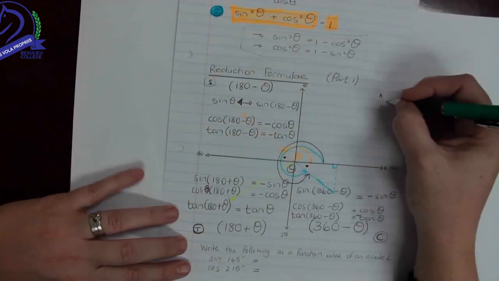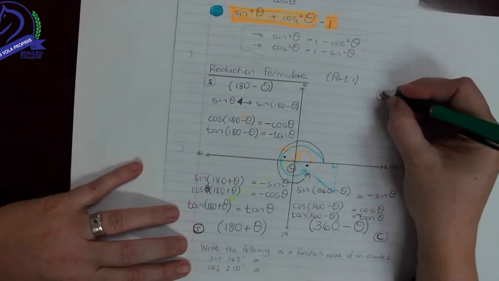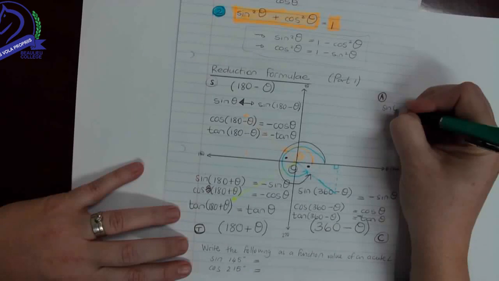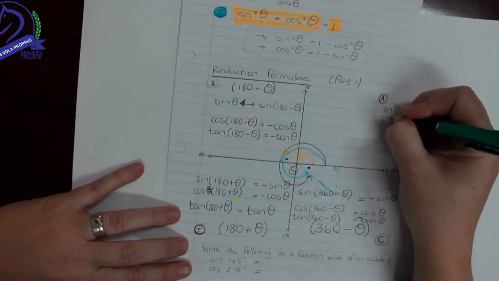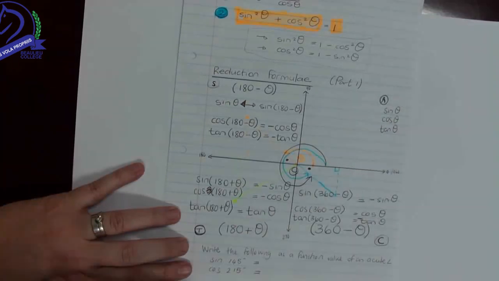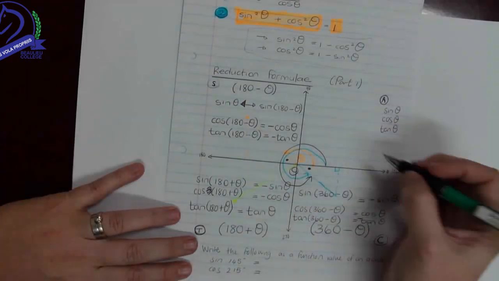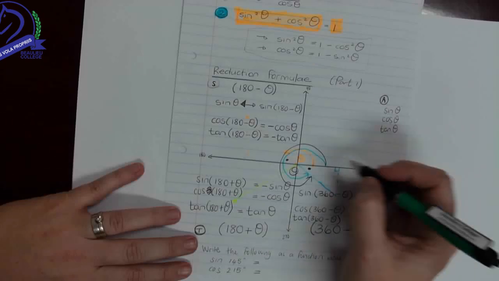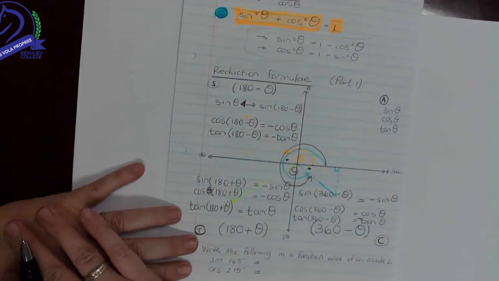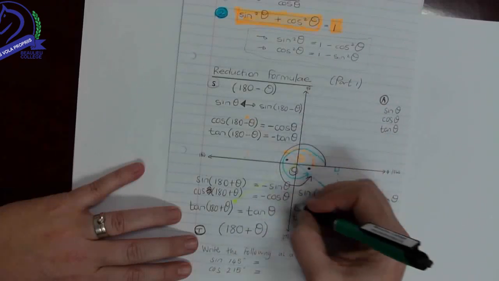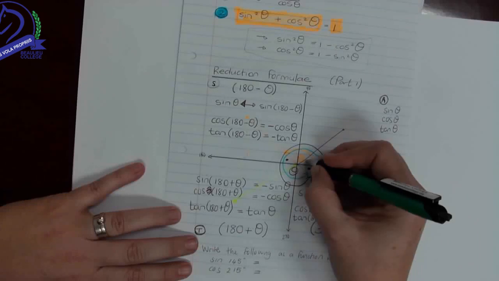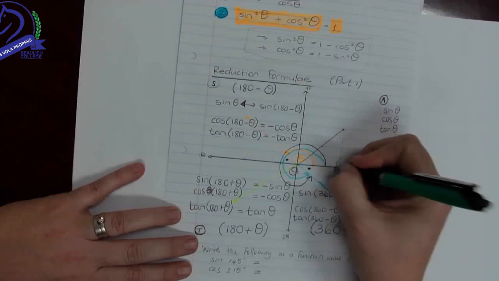Okay, so in my first quadrant, I know all my values are positive. I know sine theta is positive, I know cos theta is positive, I know tan theta is positive. But what if I say to you, you've got sine of 400? That means I will go a full 360 and I will have to add 40 degrees down there.